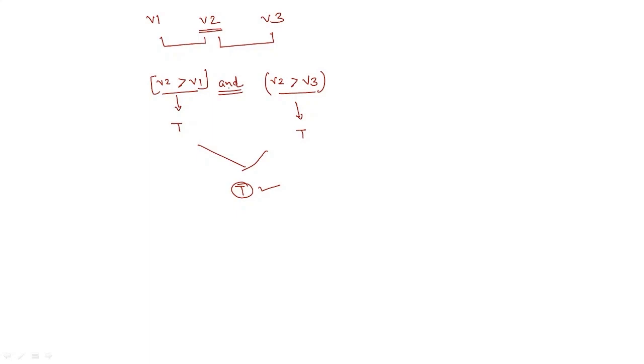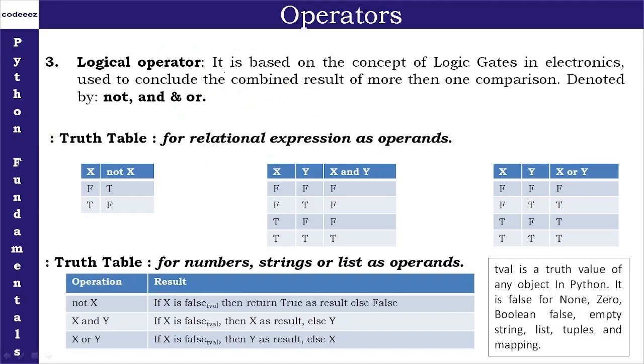So to conclude the final result in this case, we make use of the AND operator. So logical operators are used to conclude the final result if the final result depends on more than one comparison. This is the role of the logical operator, right?